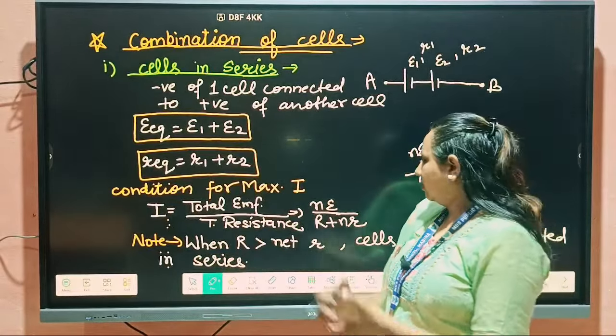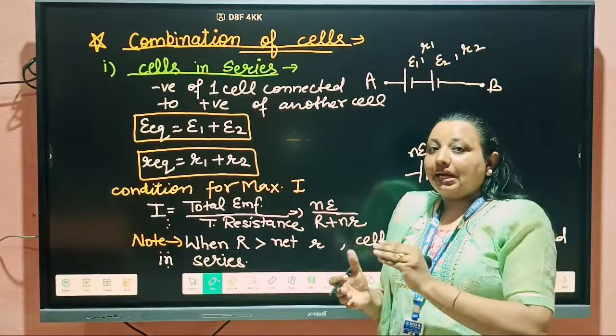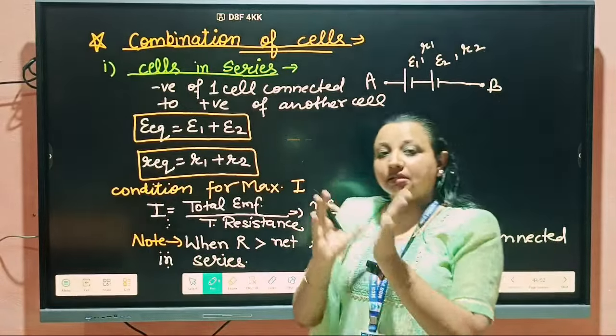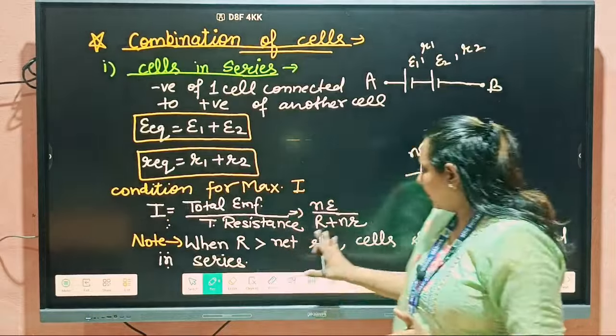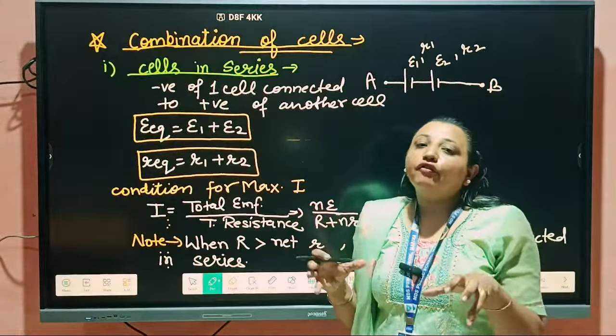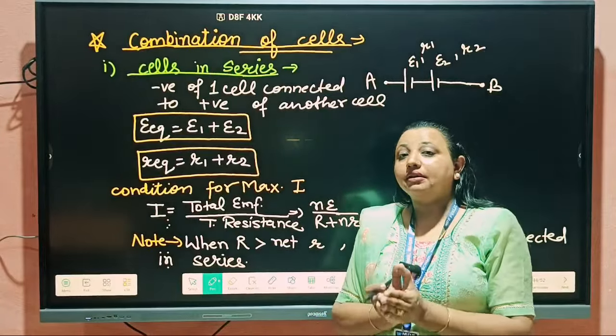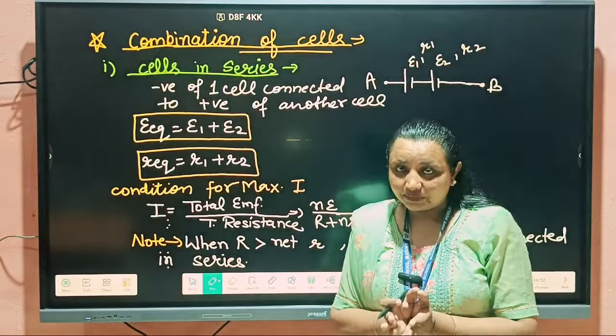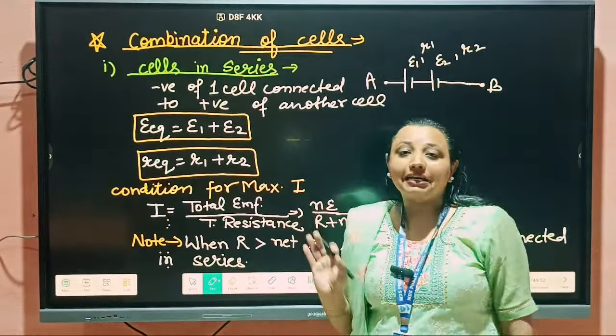Total resistance is the external resistance plus the internal resistance of n cells. There is one external resistance, right? And the sum of n internal resistances is nr. It is a condition for identical cells.